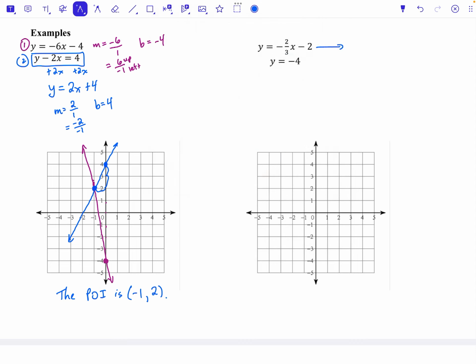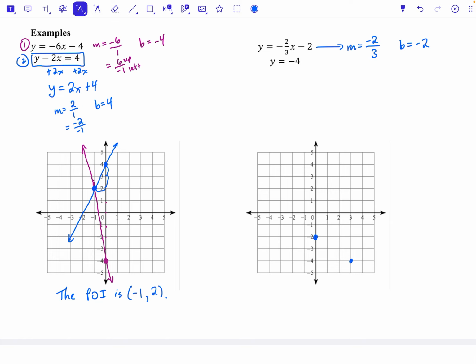All right, let's look at this equation here. It's in y equals mx plus b form, so we already know that m is -2 over 3. I'll assign the negative value to the top there. And then my b value is -2. So my y-intercept is -2. Slope of my line is -2 over 3, so down 2 over 3. Okay?